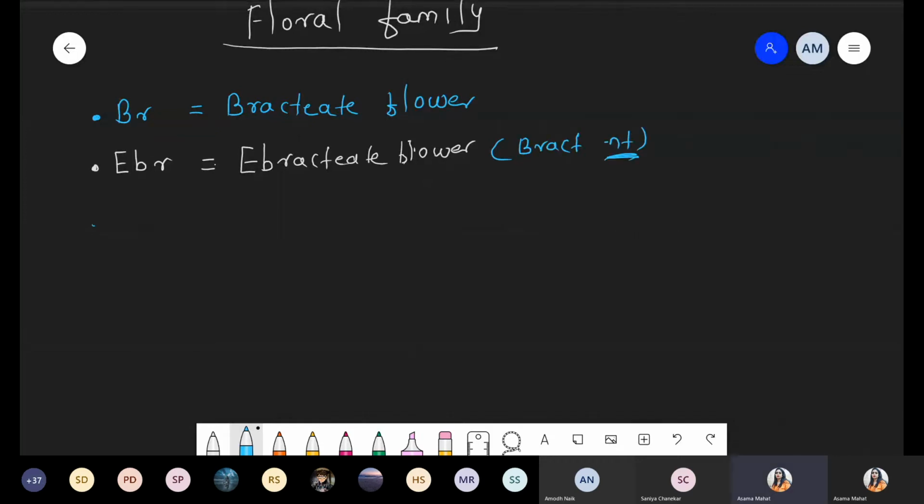Now, if symbol is like this, tell me quickly, such symbol is called which flower? And if sign is like a percentage, so this symbol is called which flower?